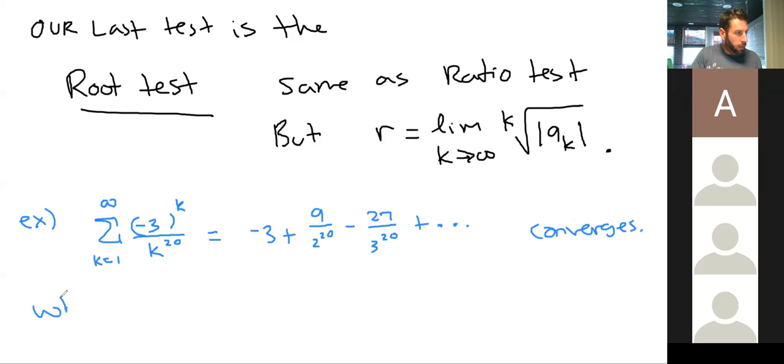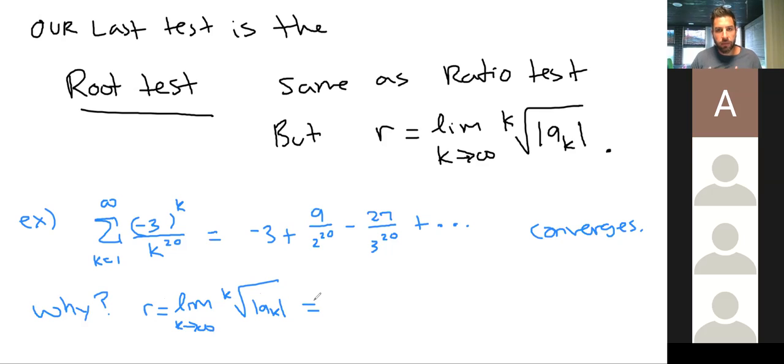And the reason it does, well, if I take this limit, if I take the kth root, that kth root, if I take the absolute value, the -3 just becomes 3. But all you're left with is the following.